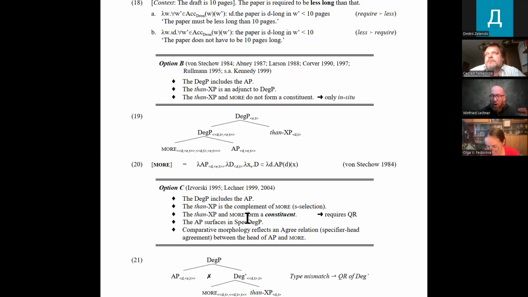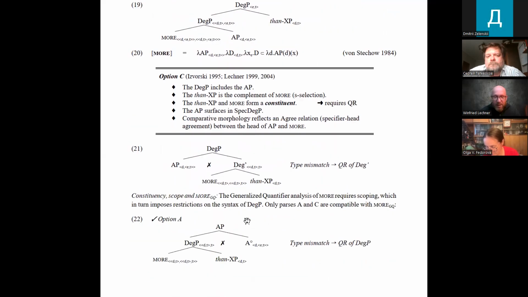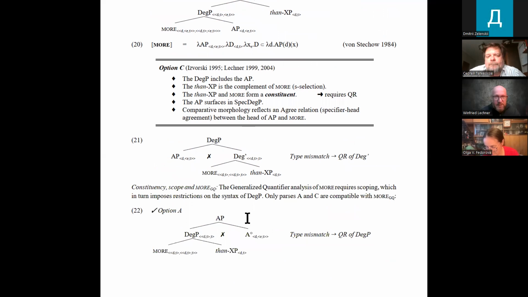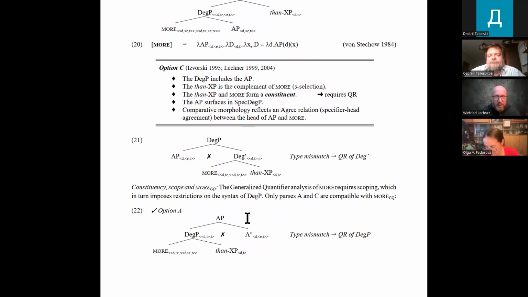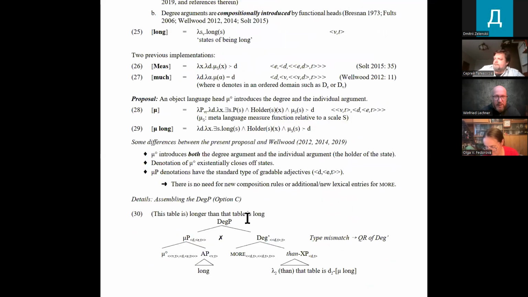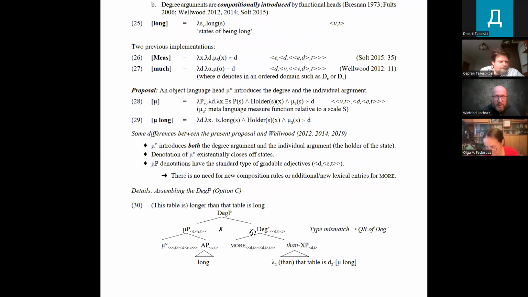You have "long" and "longer" and "longest". And the choice of the exponent, the choice of the actual form, is dependent upon a functional head in a particular kind of configuration. So like in that option C, wait a second. For instance, on a traditional view, there would be a spec-head relationship.